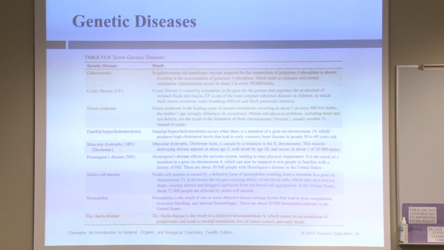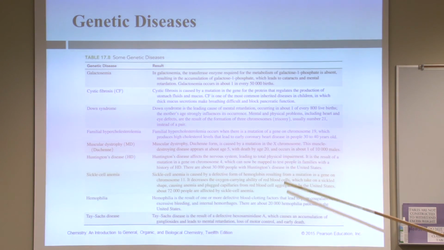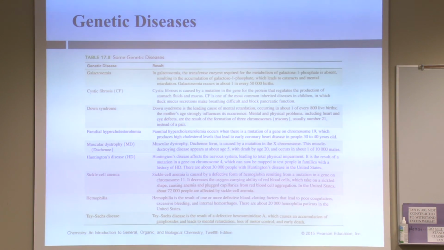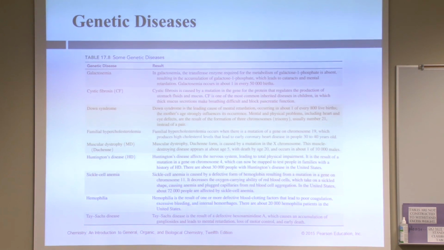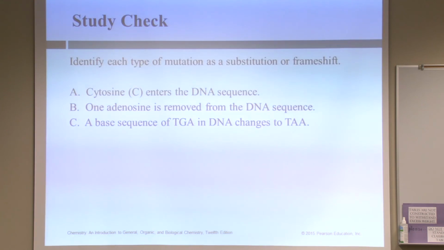Then there is Down syndrome, there is muscular dystrophy, a mutation in the X chromosome. This muscle destroying disease appears at age 5. So these are some of the genetic diseases. Again, genetic diseases are a result of a defective enzyme caused by mutation in its genetic code. So please look at these diseases and their results.